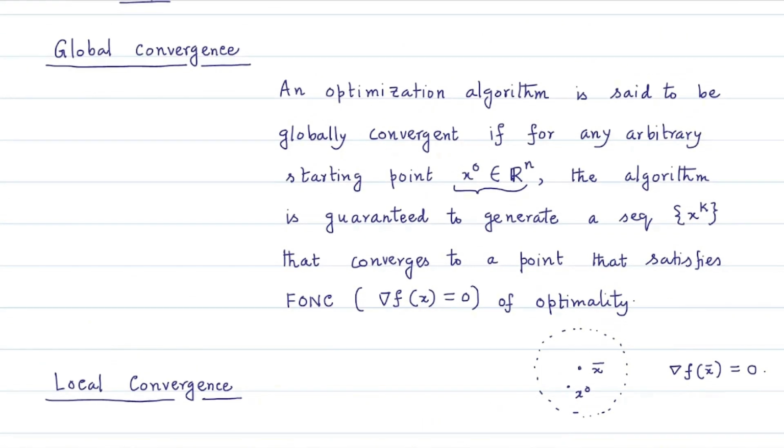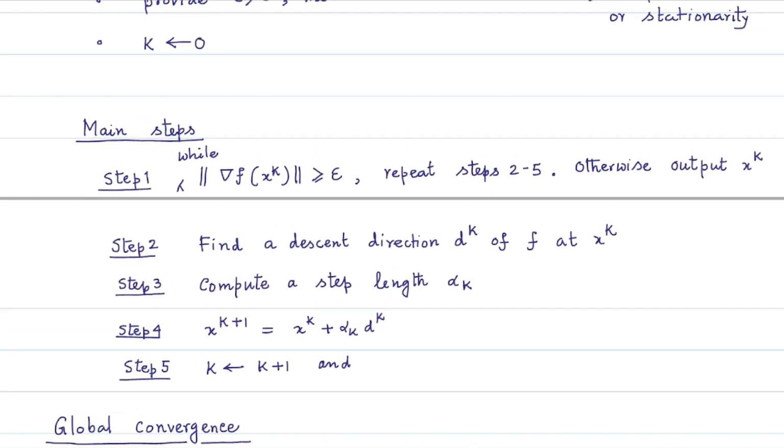Now we notice that in a general optimization algorithm, in step 2 of these main steps, we take the direction dk as a descent direction.